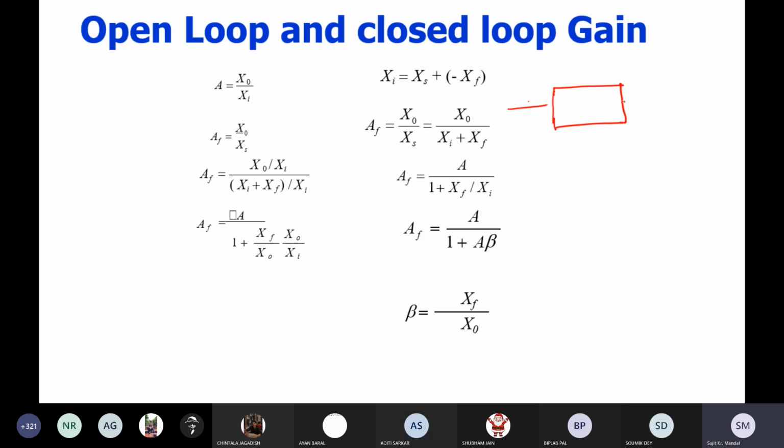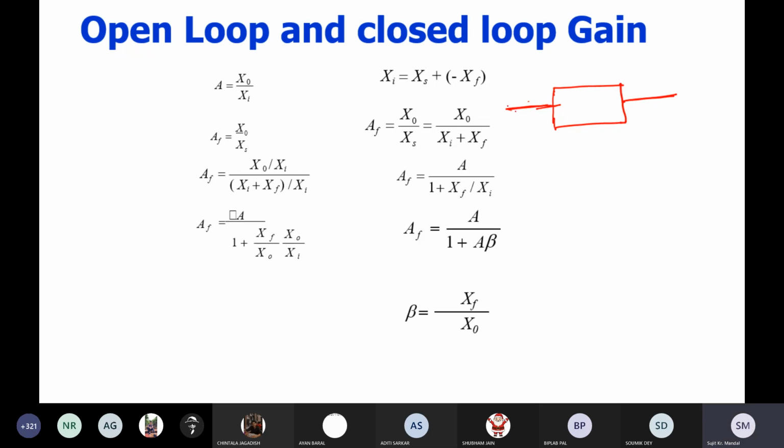If you consider one simple basic amplifier under open loop condition, open loop means the output and input do not have any connection. Output and input are open.